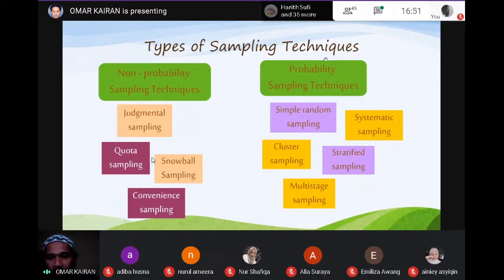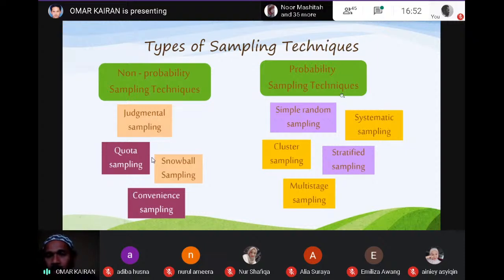Probability sampling techniques actually, when we are selecting the population to be a sample in our research, they are selected based on chances, where they have equal chances to be selected.